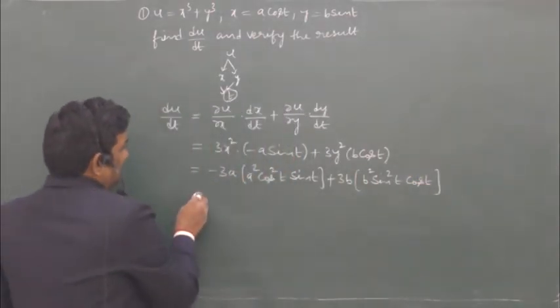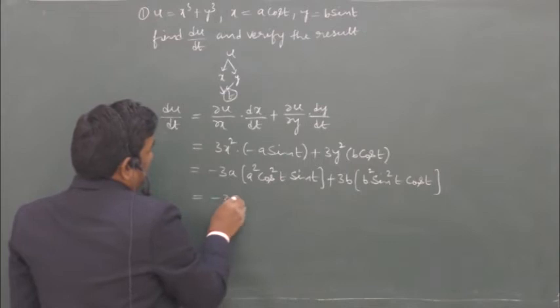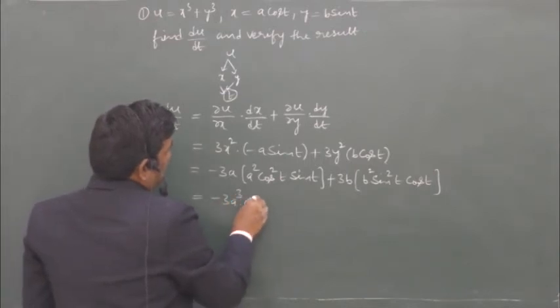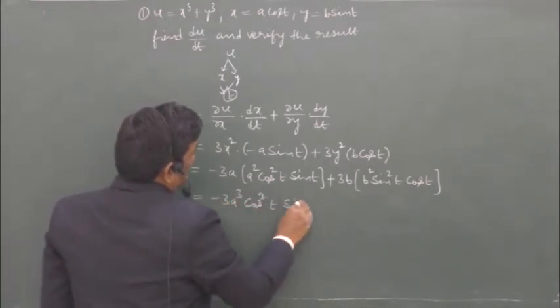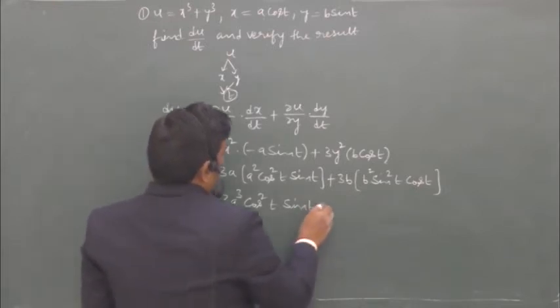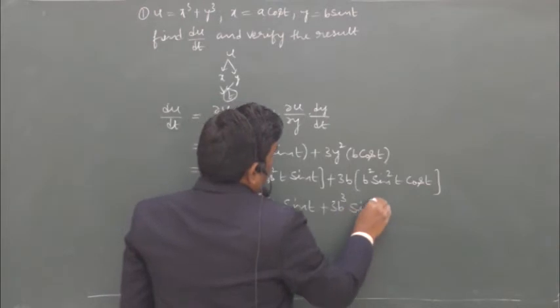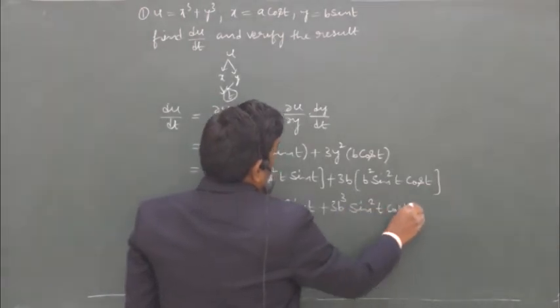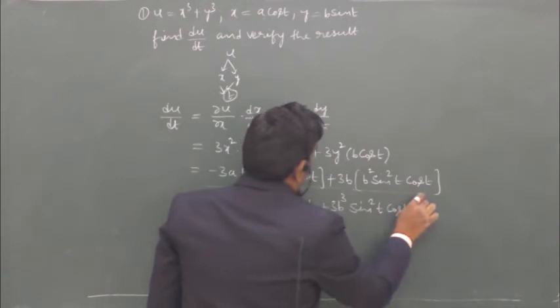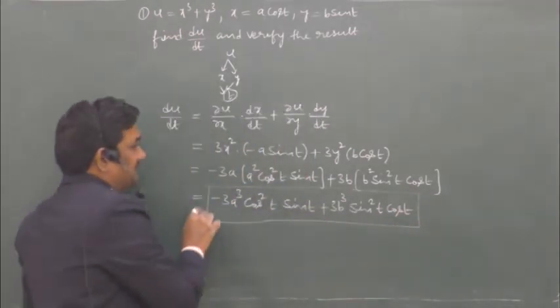Now it will be minus 3a cube cos square t sin t plus 3b cube sin square t cos t. So this is the value of du by dt, or the value of the total derivative.